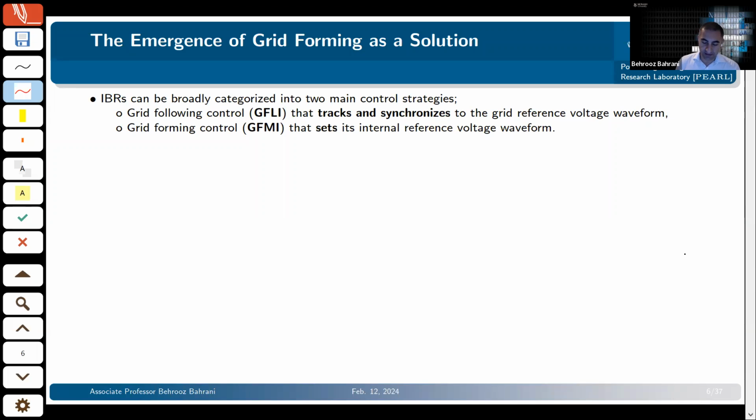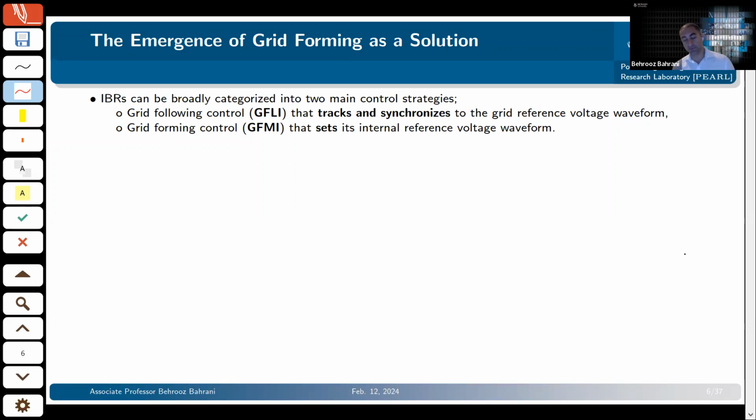Particularly, they've got a difficult time being connected to weak grids. They do not really support system strength, voltage control, frequency control. Well, to some extent they can, but they're not perfect. Islanded operation alone, they cannot, and also the idea of system restart is not possible.